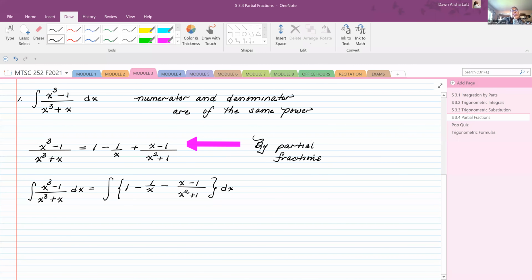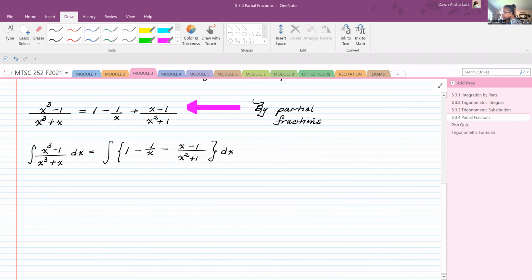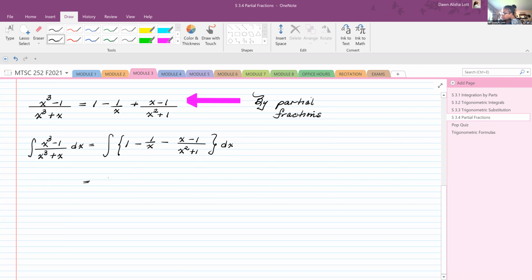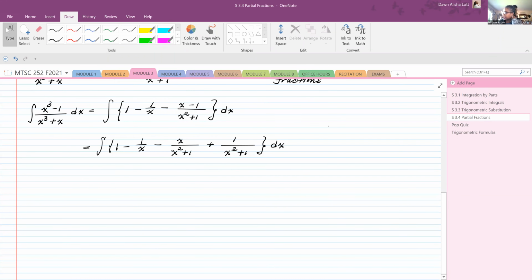So now this last term, I need to break it up. So I get the integral of 1 minus 1 over x, minus x over x squared plus 1, and then plus 1 over x squared plus 1 dx.